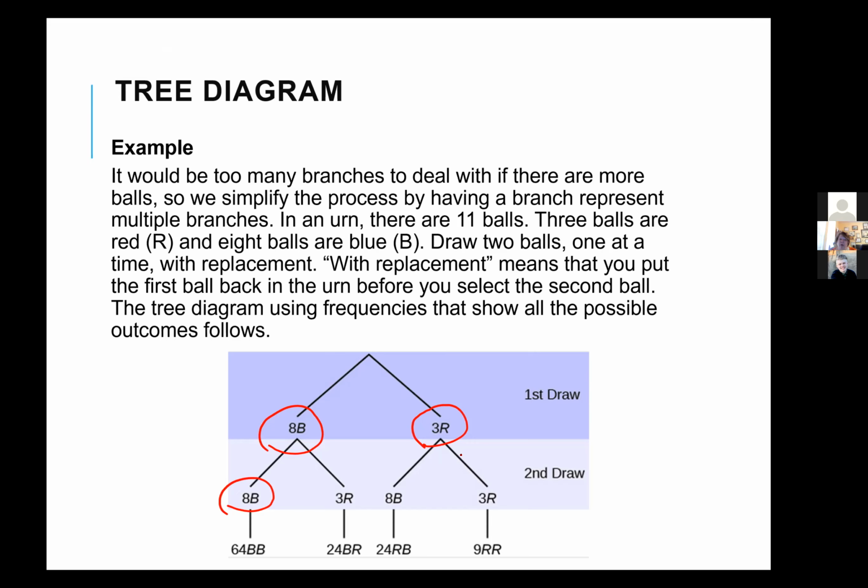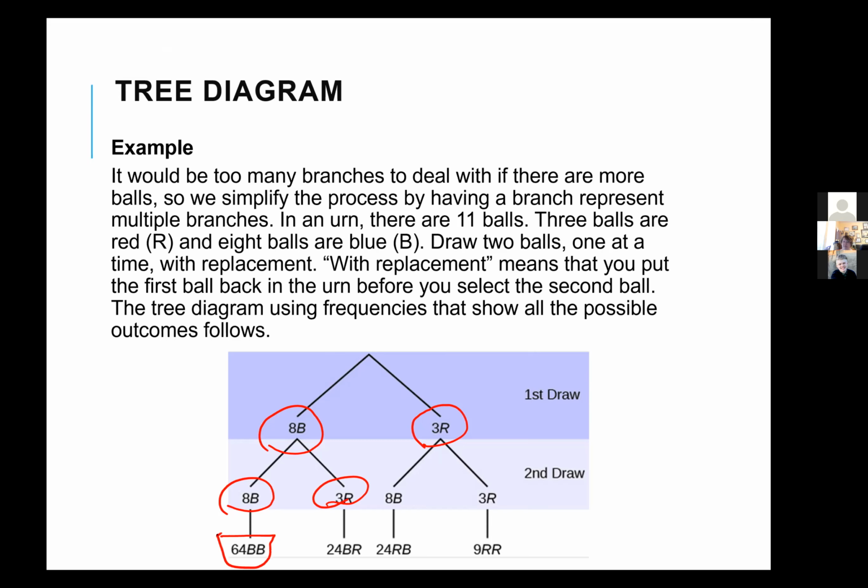If you drew a blue, you could also draw a red one out, and there are 3 red ones in the urn. That's what this branch represents. So my sample space consists of, in that first branch and second branch, 64 outcomes that could be blue.